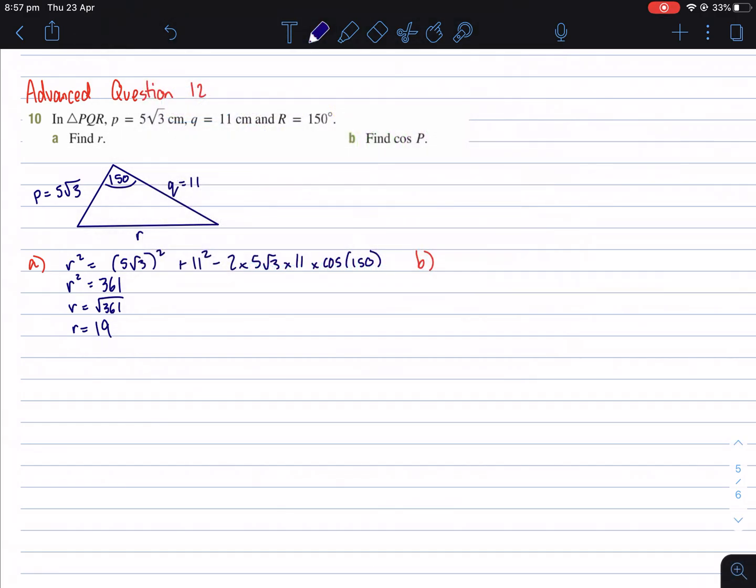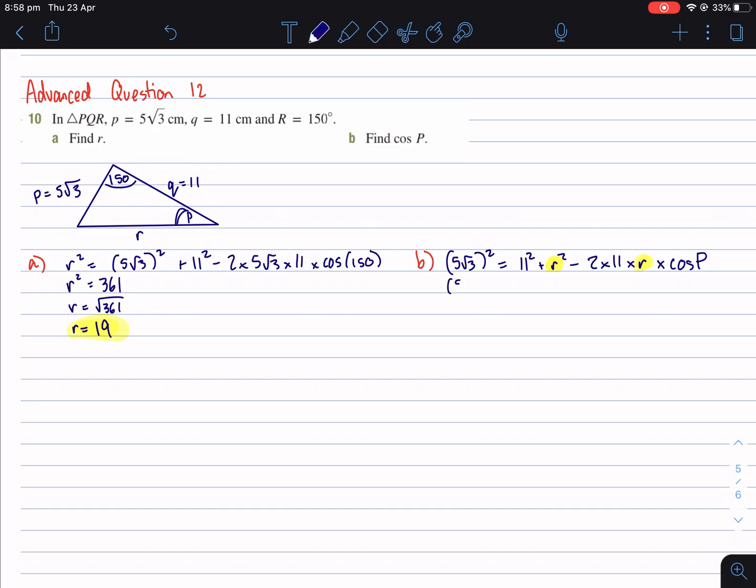Okay, cos P. Now, if little p is 5 root 3, that means big P must be here. So we have 5 root 3 squared equals 11 squared plus r squared, take 2 times 11 times r times cos big P. We know r. So let's rewrite this.